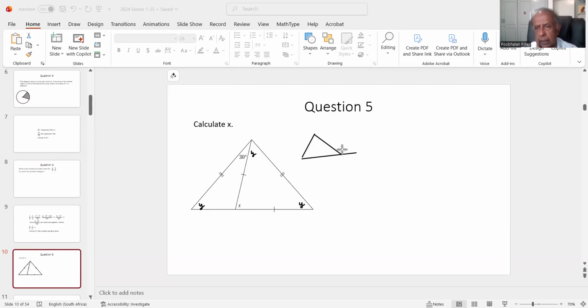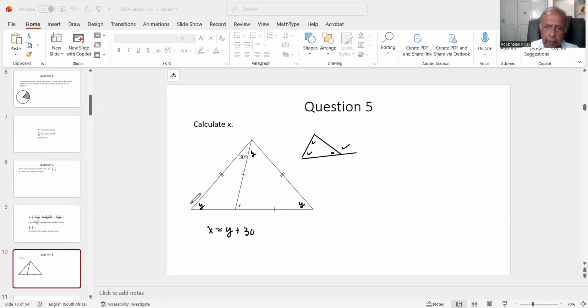See, this angle is equal to that plus that. The reason for that is that both of them are equal to 180 minus this dot here. 180 minus dot is that one, and it's also the sum of these two, because the sum of three angles of a triangle is 180. So this is equal to that plus that. So here you got that x is equal to y plus 30.